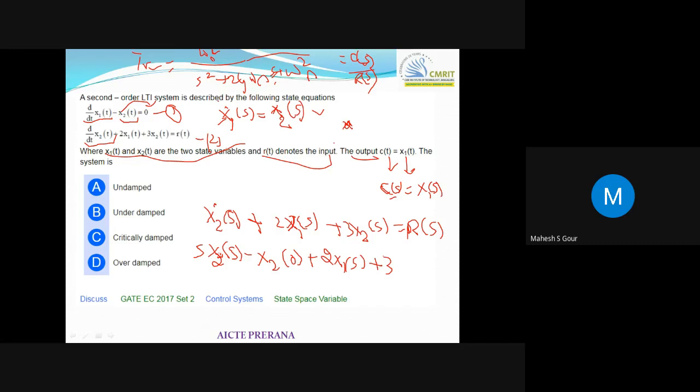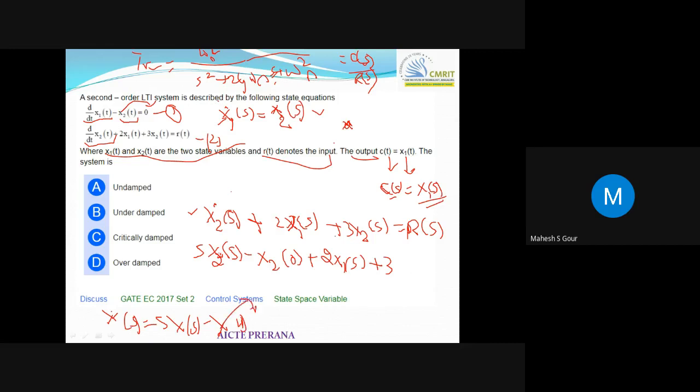Either you should convert everything to x2 terms, or you should convert everything to x1 terms. You are using only one formula here: if it is x dot of s, you write it as s x of s minus x of 0. The initial condition is assumed to be 0, so you can put x of 0 as 0.